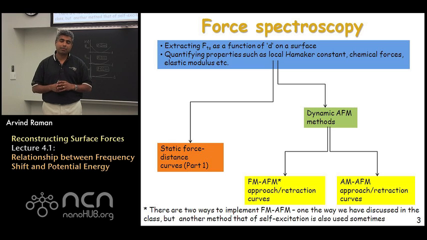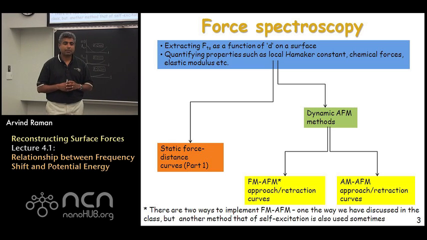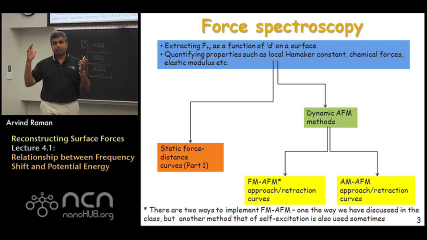On the other hand, dynamic atomic force microscopy methods use a resonant oscillating probe tip, and the observables are very different. For example, in the case of frequency modulated AFM, we're going to be using the frequency shift and the excitation signal as a function of z as you approach the sample to reconstruct and to be able to figure out what the interaction forces F are as a function of the gap D. In the case of tapping mode, or amplitude modulated AFM, as you approach a sample, the amplitude and the phase are the observables, and the change as you approach the sample as a function of z.